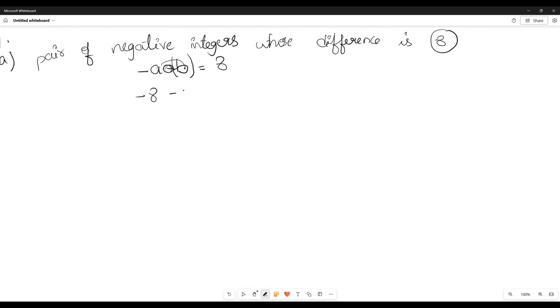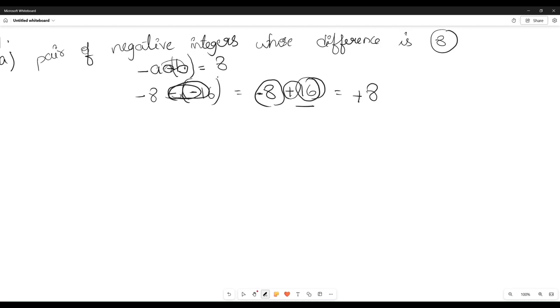Let's write some examples like minus 8 minus of minus 16. Minus into minus is plus. So minus 8 plus 16. The bigger number is 16, and the sign of the bigger number is plus, so the answer would be in plus. From 16 you have to take the minus 8. So the answer is plus 8.